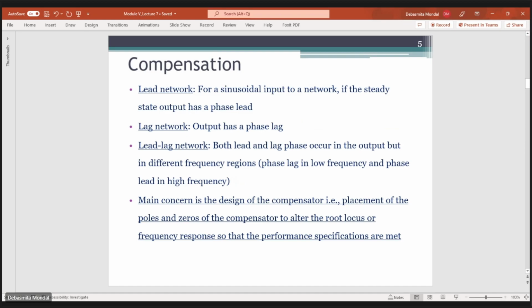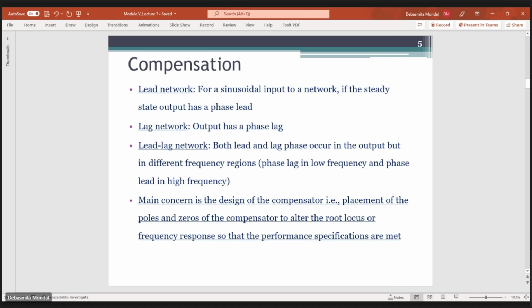Now comes the question: why do we require a compensator, or what is the need of the compensator? There might be two different cases. The first case: we have already said that the compensator is basically the first line of defense, or the first line of action. So let us say the open loop system is an unstable system.